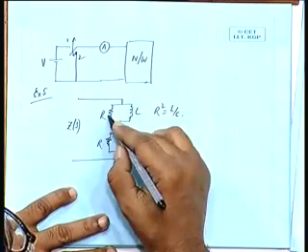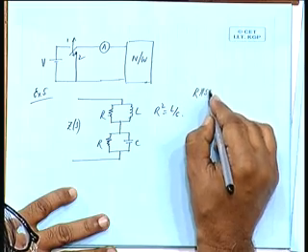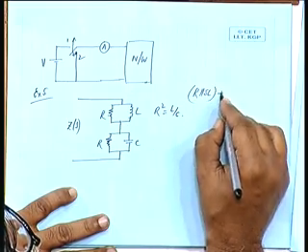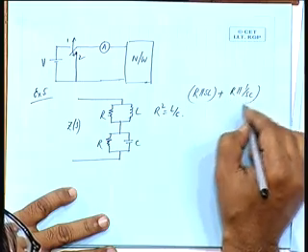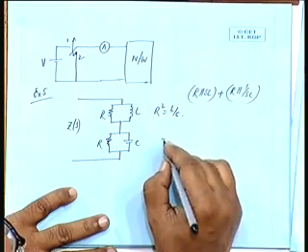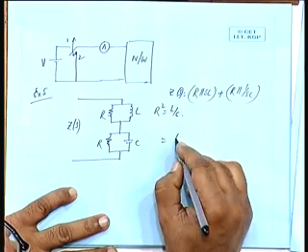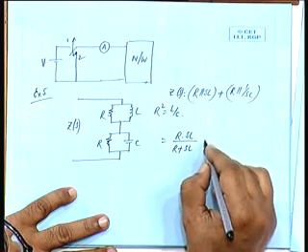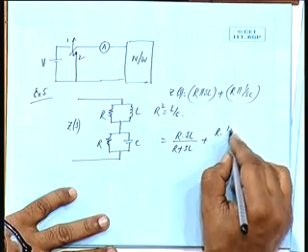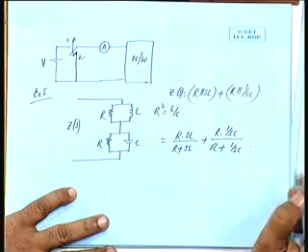So, once again it is RL parallel combination, R parallel SL, in series combination with R parallel SC, 1 by SC. So, ZS is equal to R into SL by R plus SL, plus R into 1 by SC by R plus 1 by SC. Okay.